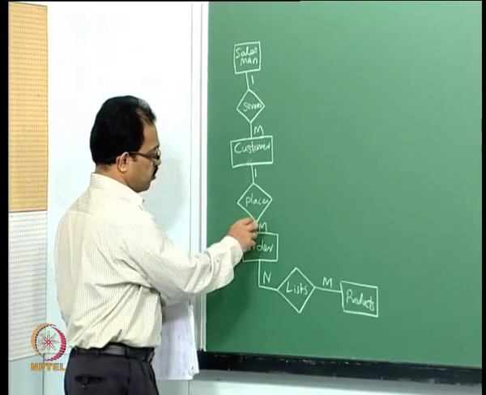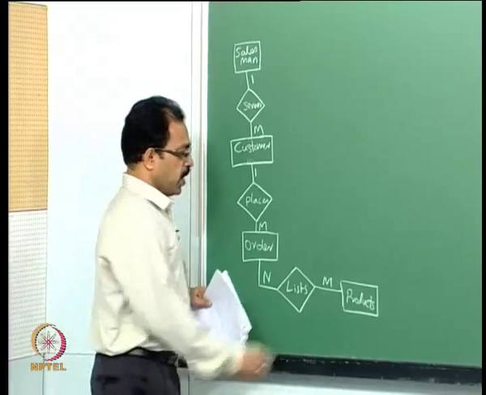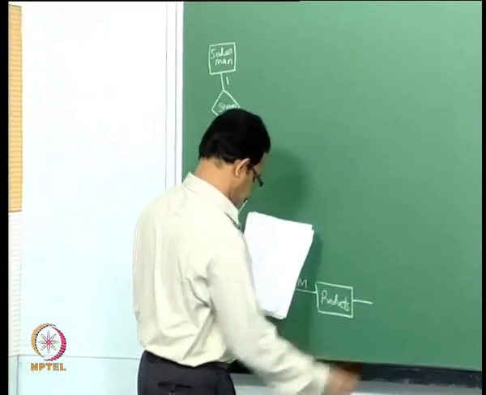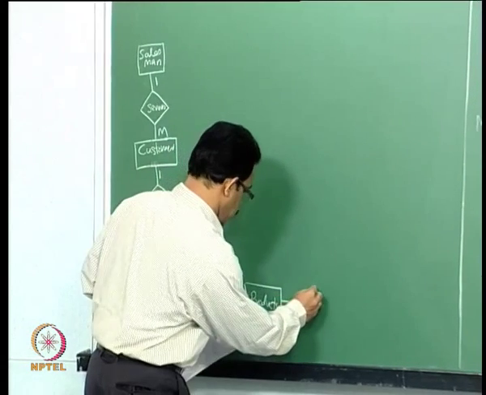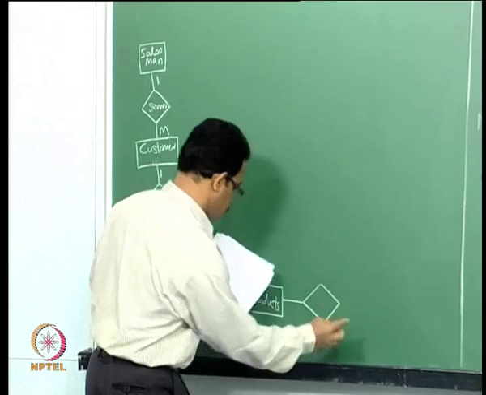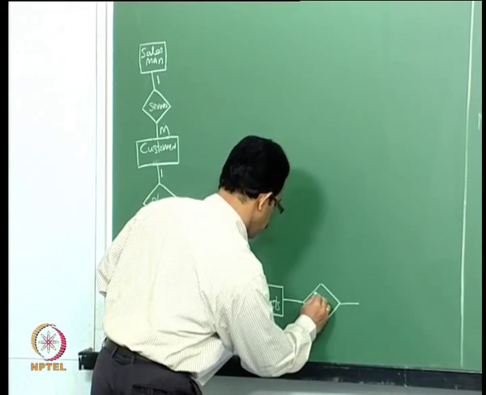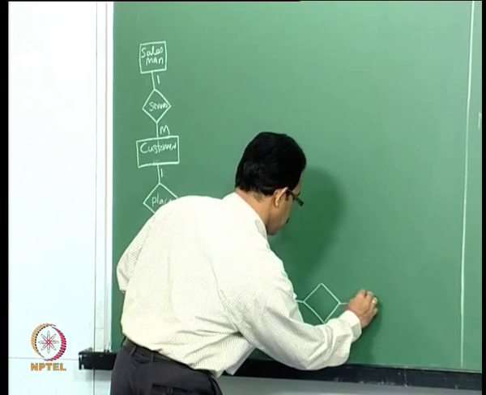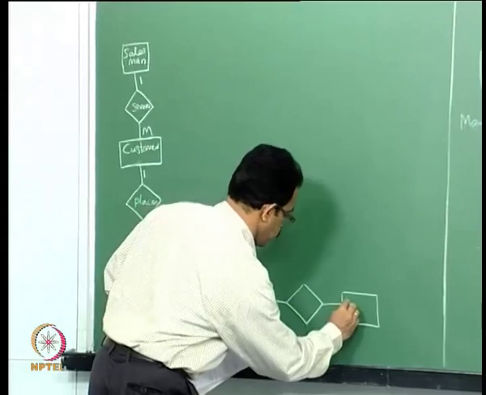So, from multiple customers you will be getting orders, and there will be n lists with m products, and these will go to the store. Here this is the warehouse entity.